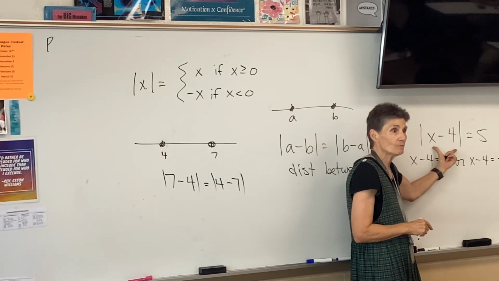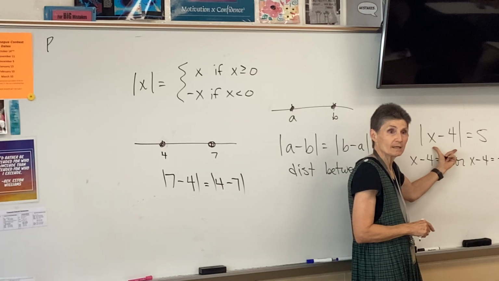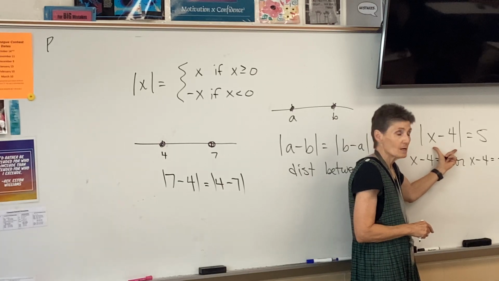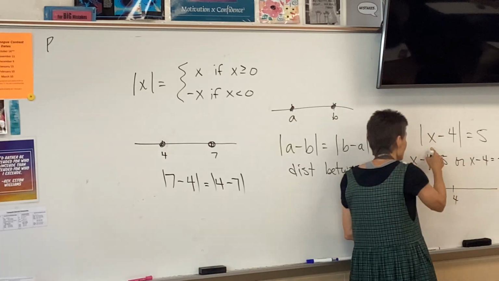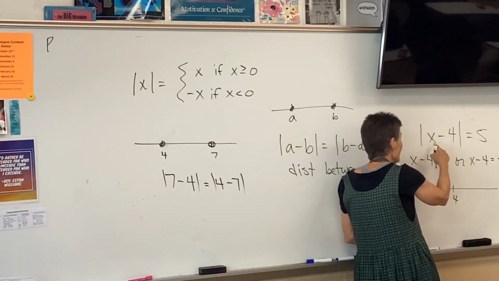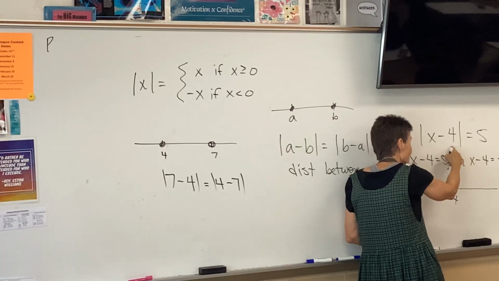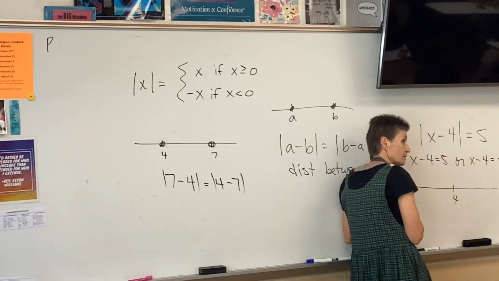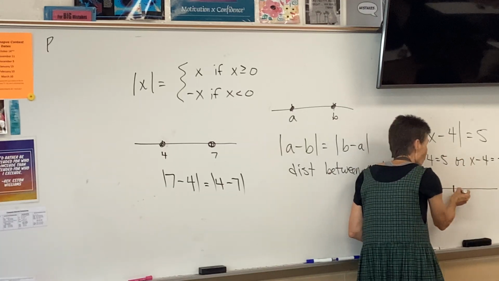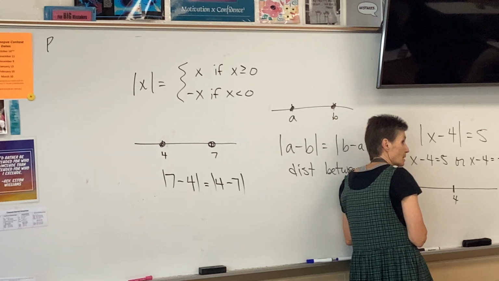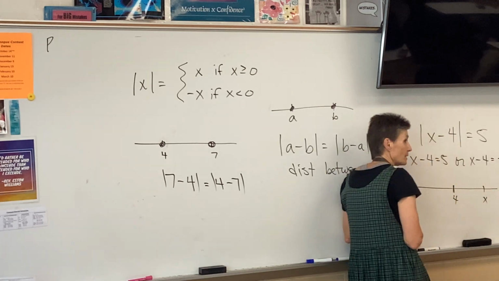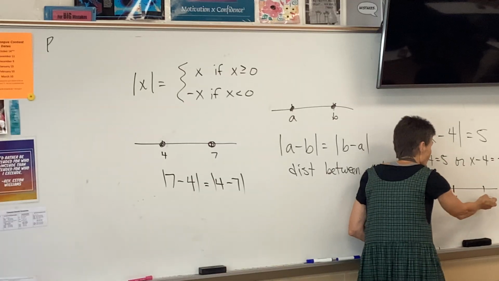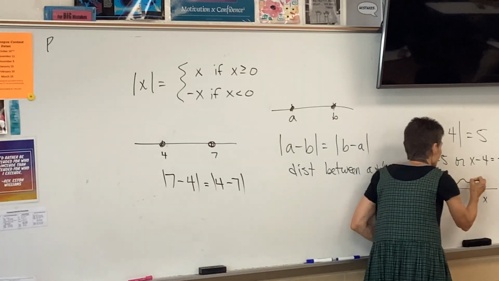The absolute value of a difference. So this says that the distance between some number and 4 is 5. So here's 4. The distance between, let me put x out here, the distance between those 2 numbers is 5.